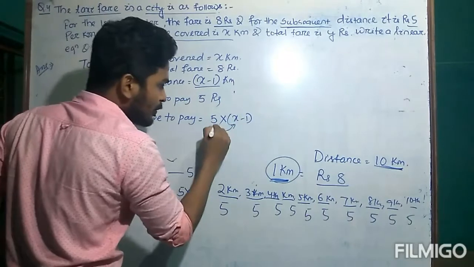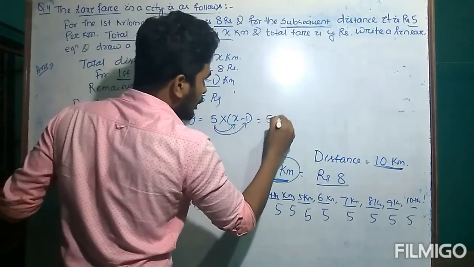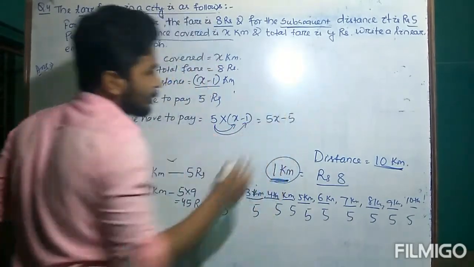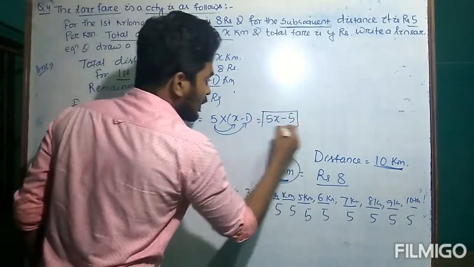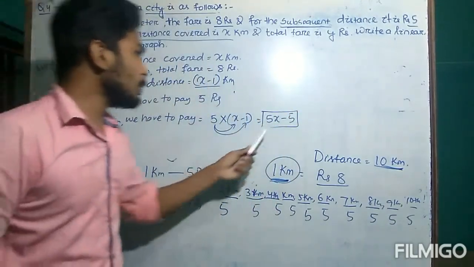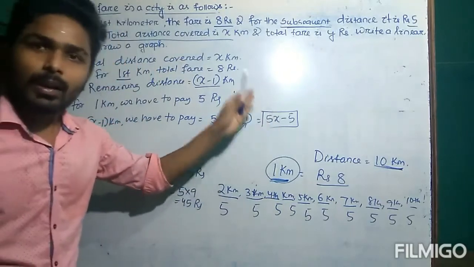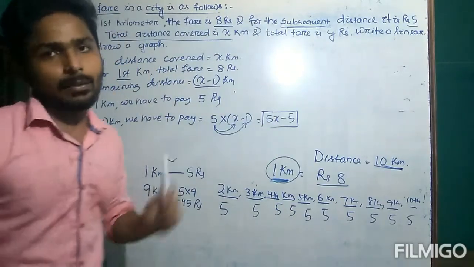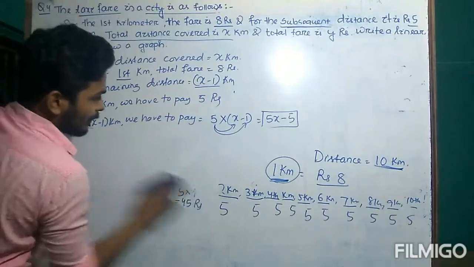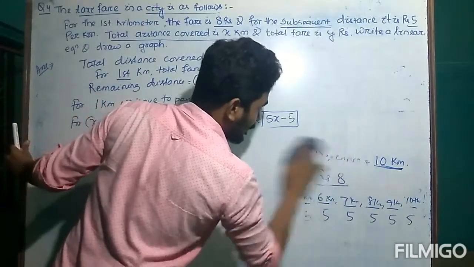Using the distributive law, it will be 5x minus 5. So this much amount you have to pay to cover x minus 1 kilometers.